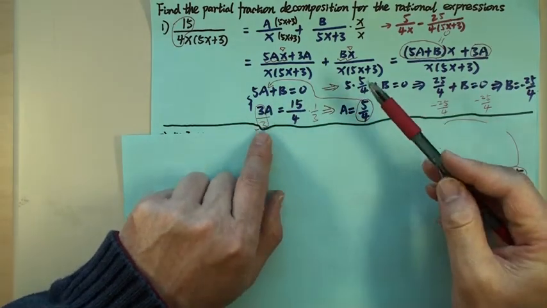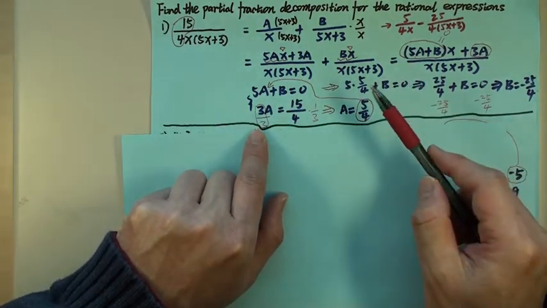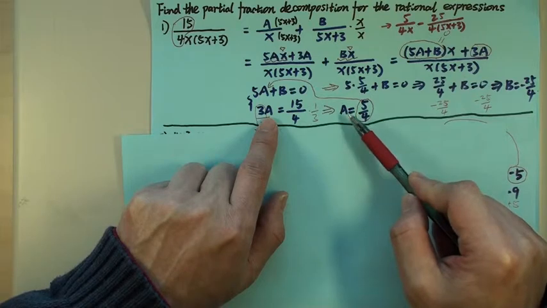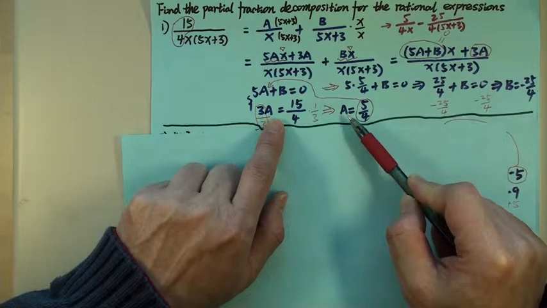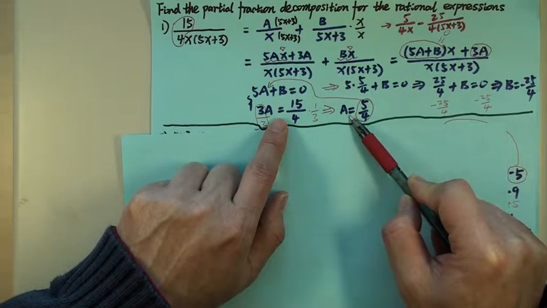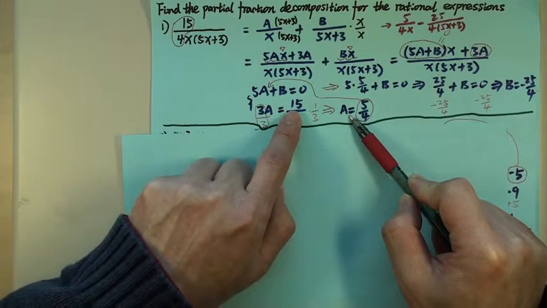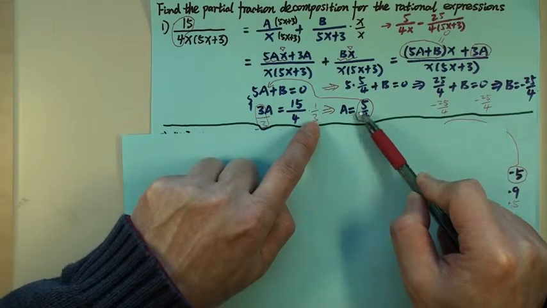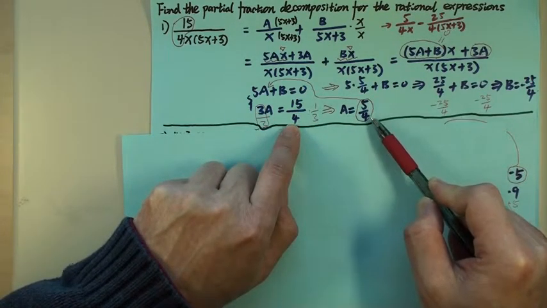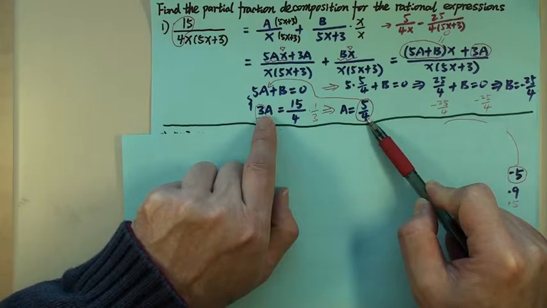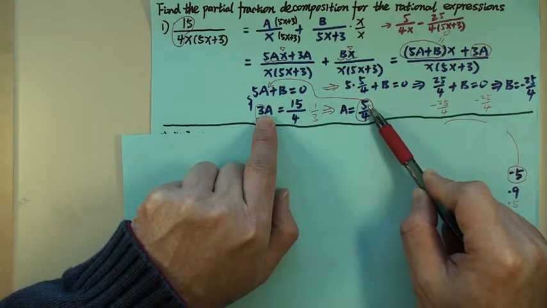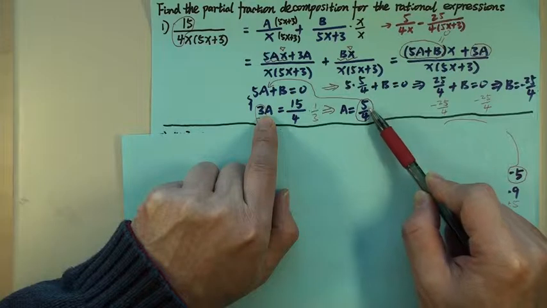Then 3 divided by 3 is 1 times a, so the left-hand side is a. The right-hand side is 15 divided by 3 is 5, and 4 is downstairs. So we then have a equals 5 fourths.